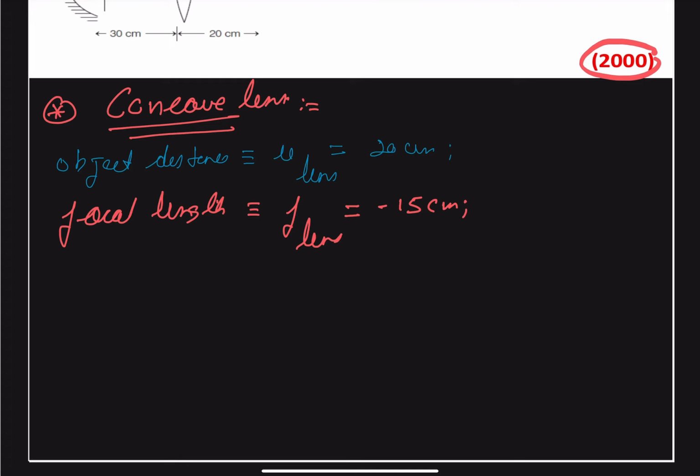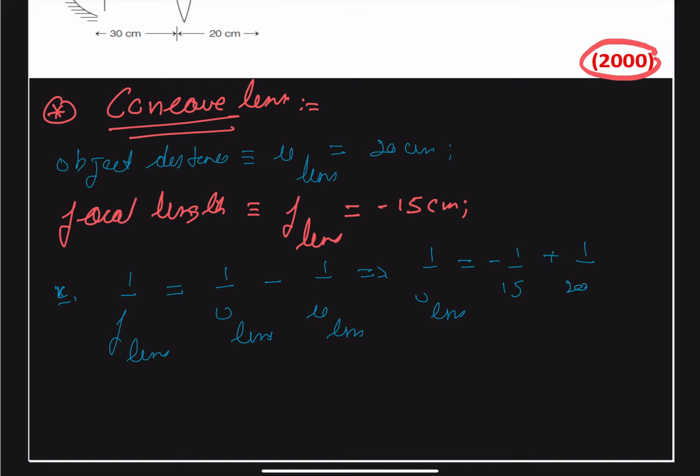We can easily find the position of the image using the formula directly: 1 upon F lens is equal to 1 upon V lens minus 1 upon U lens. So 1 upon V lens is equal to minus 1 upon 15 plus 1 upon 20.